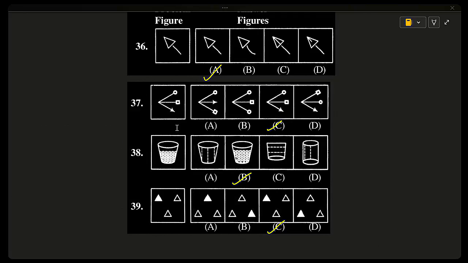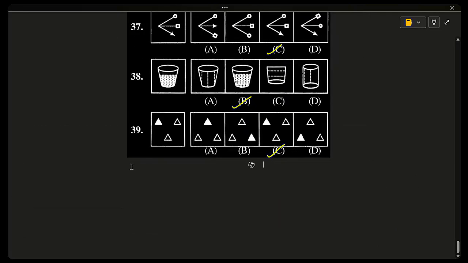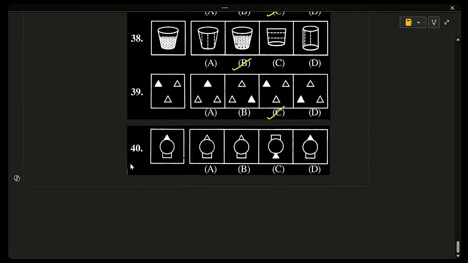I'm even skipping your doubts also. We'll go to the next part once this is done. So just identifying exactly the similar figure. 40. It is exactly seen in option D. Going to the next part now.